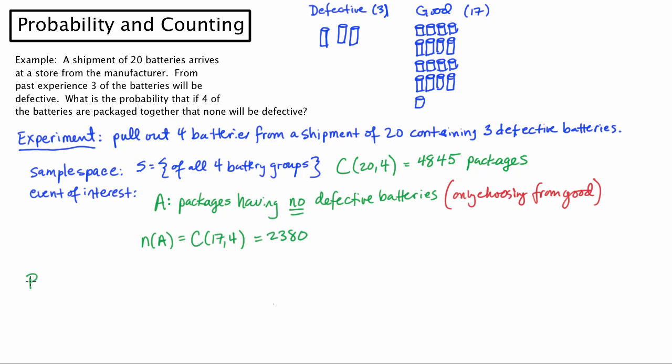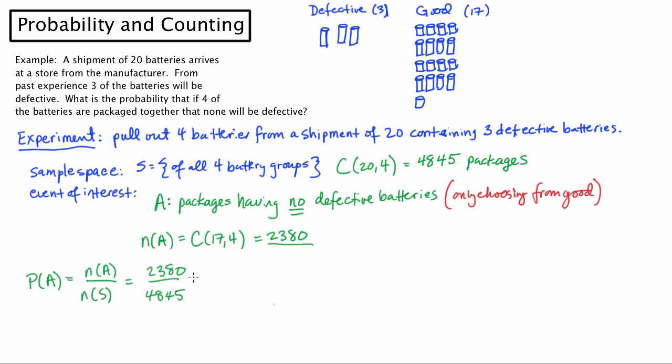If I then try to calculate the probability of the event A, remember the probability of the event A is always the number of ways that that event can occur divided by the number of things in the sample space. We've said that the number of ways that A can occur is 2,380 and that there are 4,845 things in the sample space.